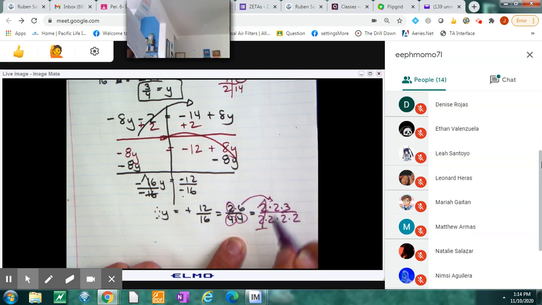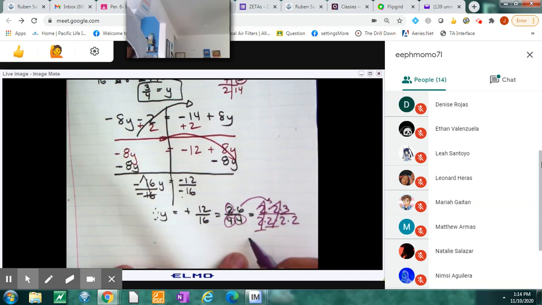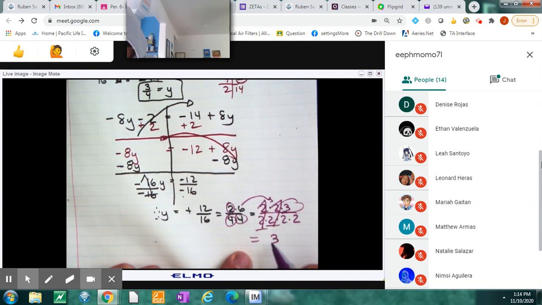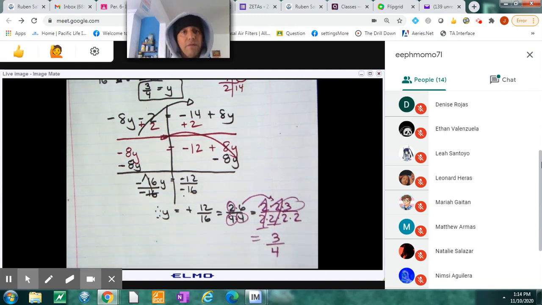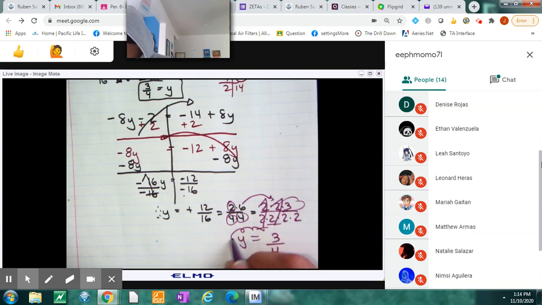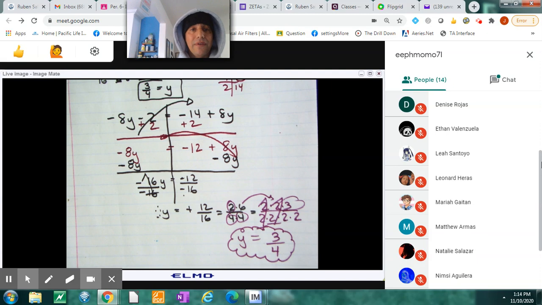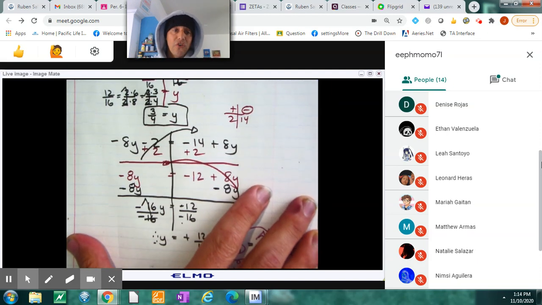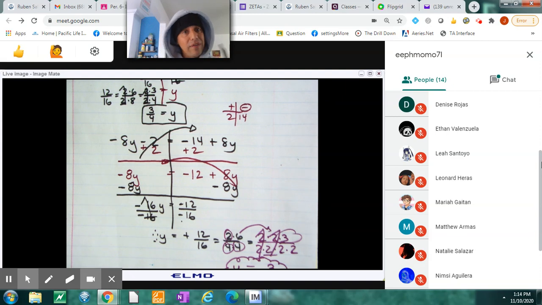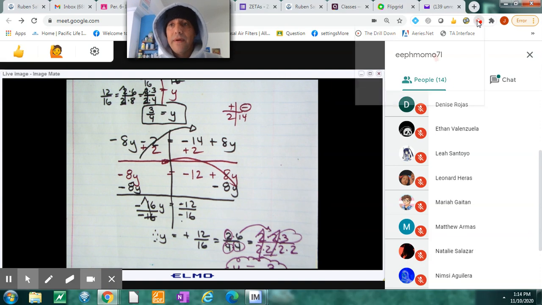So here's your giant 1, and you're left with 3 on the numerator, and 2 times 2 is 4 on the denominator. Okay, so there you go. y is equal to 3/4. You get the same thing, guys. You see? So that was the whole purpose, making sure that you understand that it doesn't matter. Don't get stuck. All right. So that's your notes. Let me go ahead and take attendance. All right. Let's see.